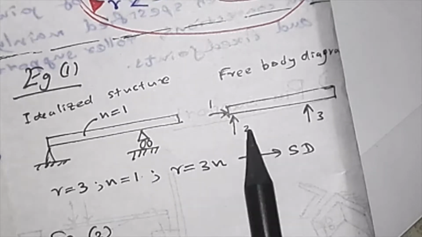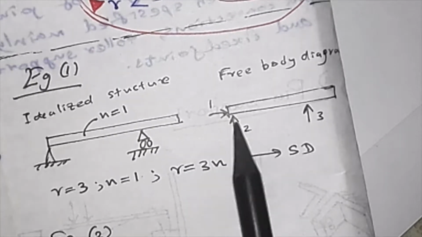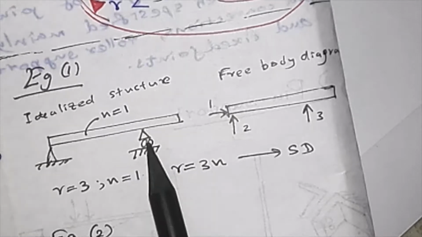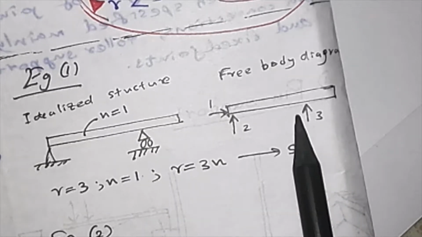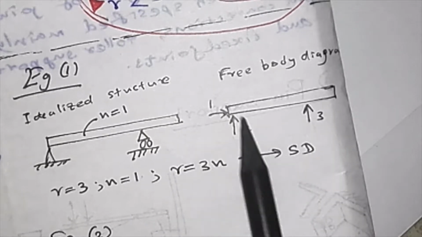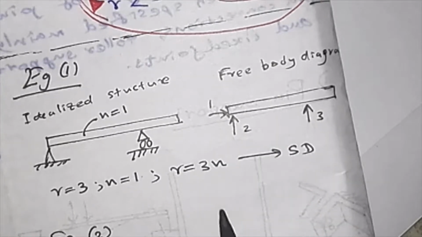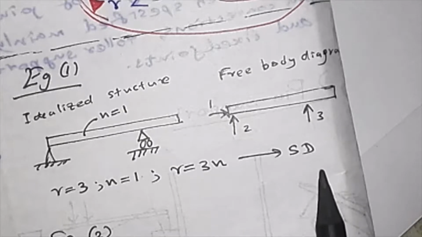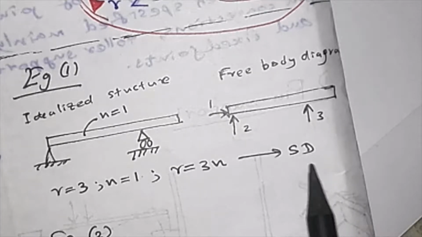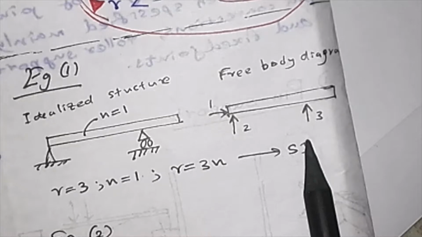Because this is a pin joint, you have a vertical and a horizontal reaction. This is a roller support, so you only have a vertical reaction. So you have 3 unknown terms. So r is equal to 3n, so this can be statically determined, an SD type of structure.